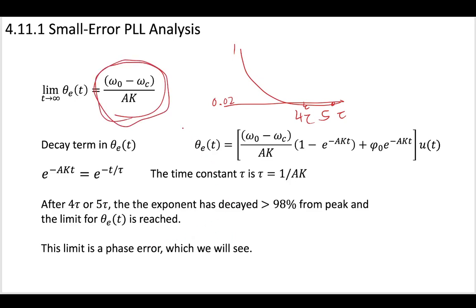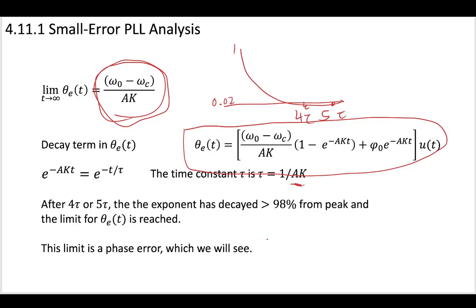So what we've seen with this basic analysis, where we had that loop filter with h of s equal to 1, is we got this equation for the error in the time domain. The error in the time domain starts out at something, but it decays fairly rapidly with some time constant based on your system parameters.